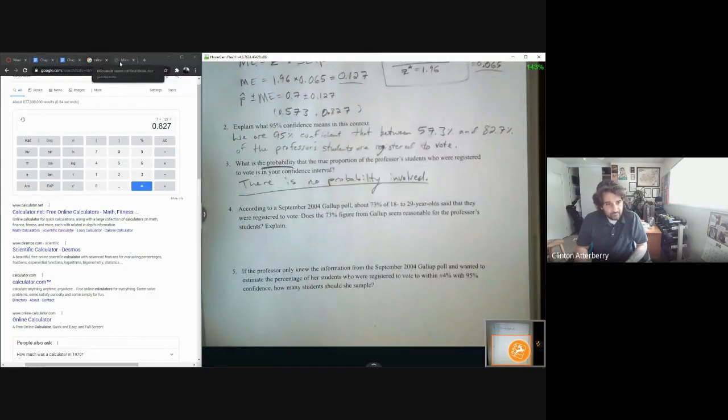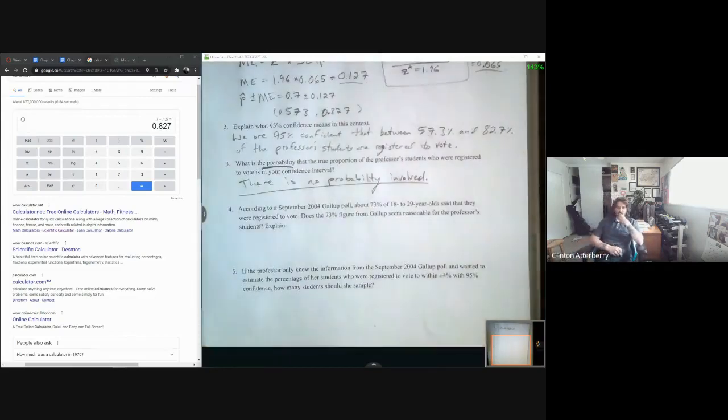Question 4. According to the September 2004 Gallup poll, about 73% of 18 to 29-year-olds said that they were registered to vote. Does a 73% figure from Gallup seem reasonable for the professor's students?